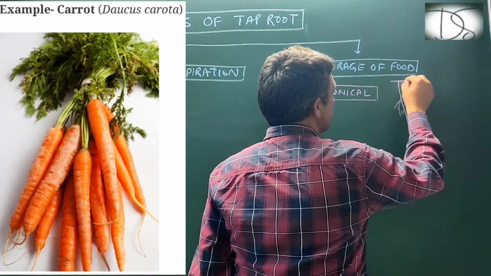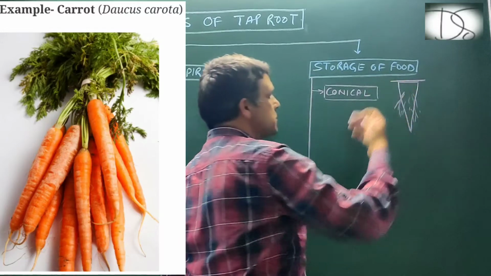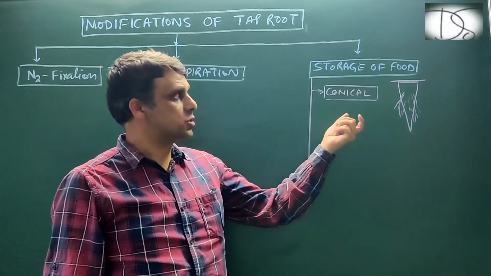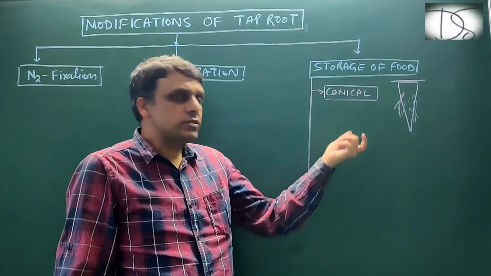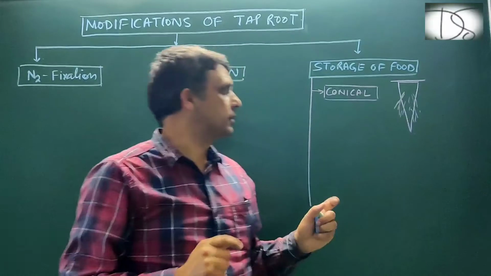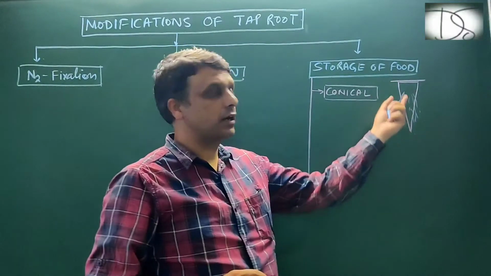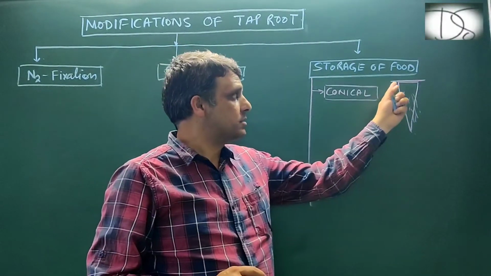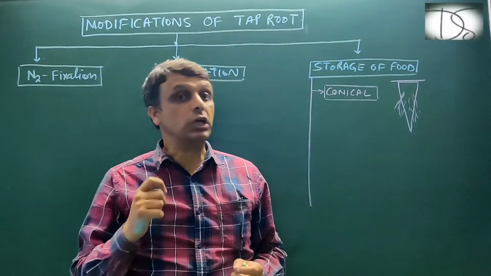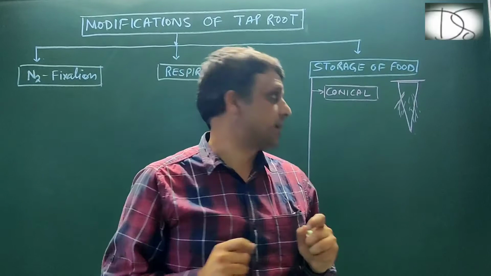Here in such type of root, generally what happens, the food sometimes gets stored in the hypocotyl. Obviously the hypocotyl is a region between the cotyledons and the radicle, and when the food gets stored in the hypocotyl region, the stem gets reduced, which we call a reduced stem or discoidal stem.